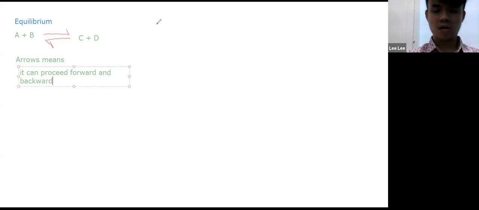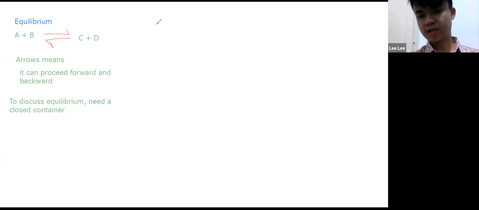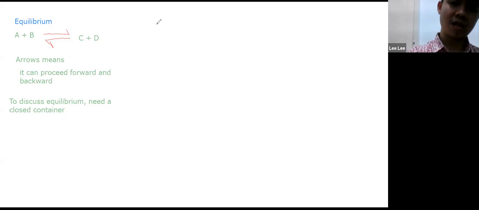So the discussion of equilibrium. To discuss equilibrium, you need a closed container. If it's not a closed container, if you let it be exposed to the surrounding, there's no discussion about equilibrium. So actually, what is the meaning of equilibrium itself?